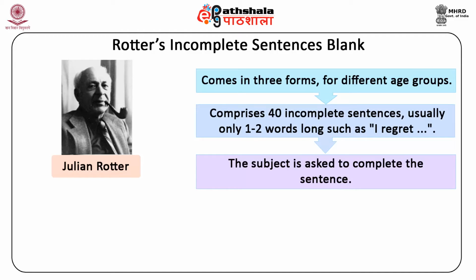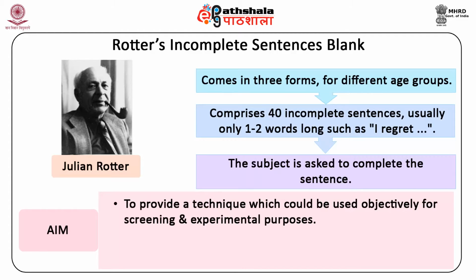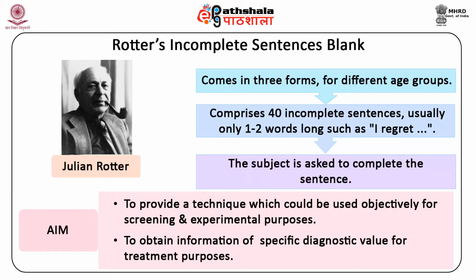The subject is asked to complete the sentence. Its aim was to provide a technique which could be used objectively for screening and experimental purposes, as well as to obtain information of rather specific diagnostic value for treatment purposes.